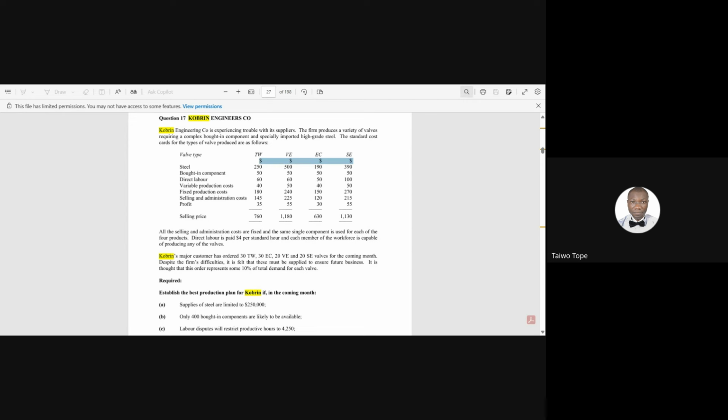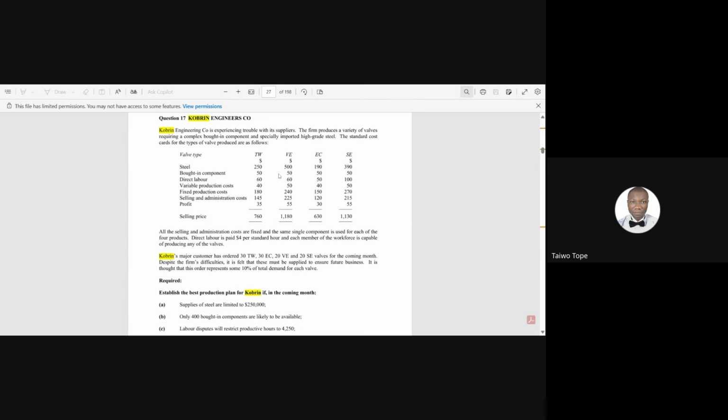It shows that the cost of one steel for TW is what? $250. The cost of one steel for VE is what? $500. The cost of one steel to produce EC is $190. The cost of one steel to produce SE is $390. Take note of that.